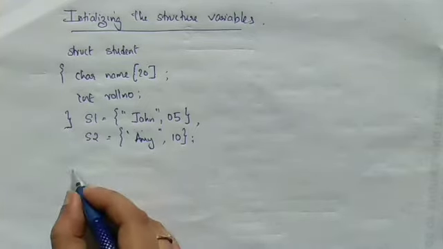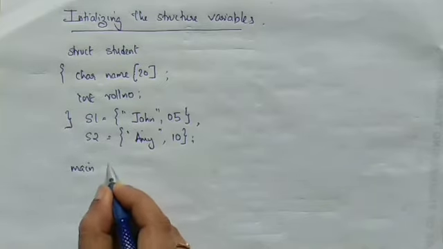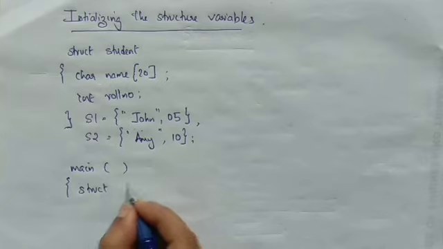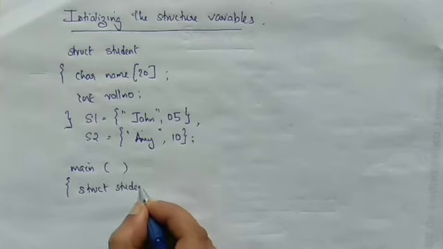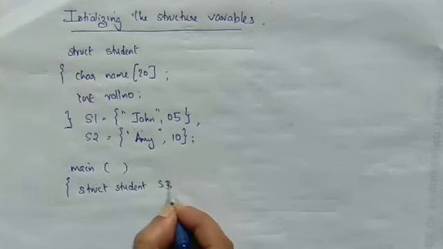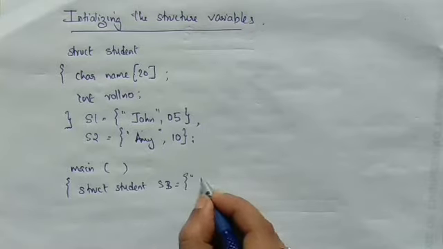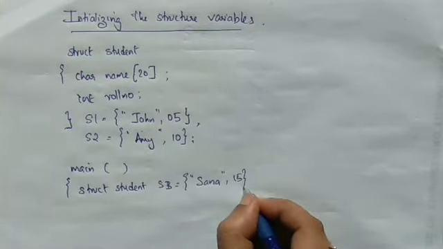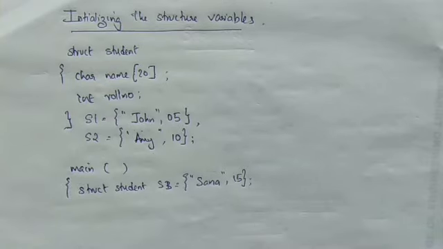This is one way of initializing the variables. The other one is the same as how you declare new variables within the main function using the keyword struct. You can have struct student s3 with name and roll number. Now how will you access these variables?